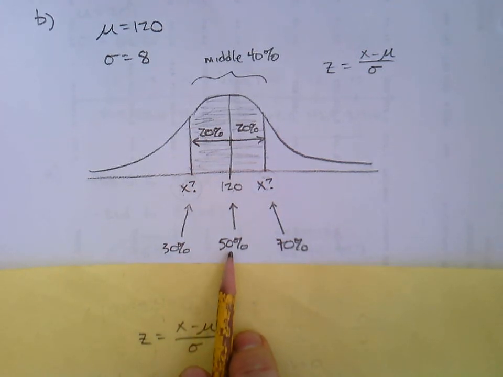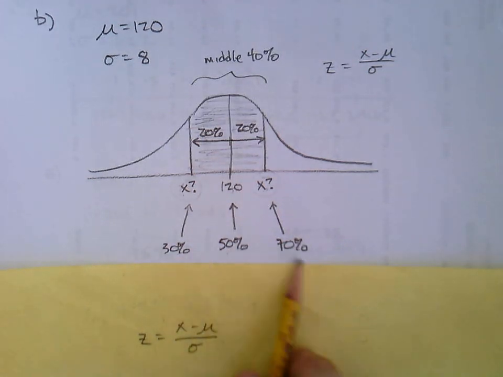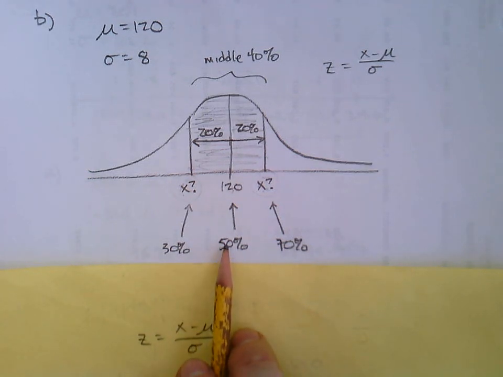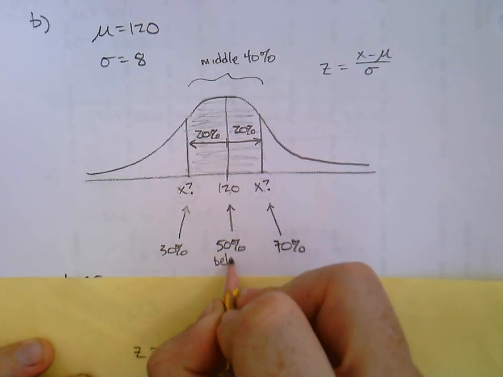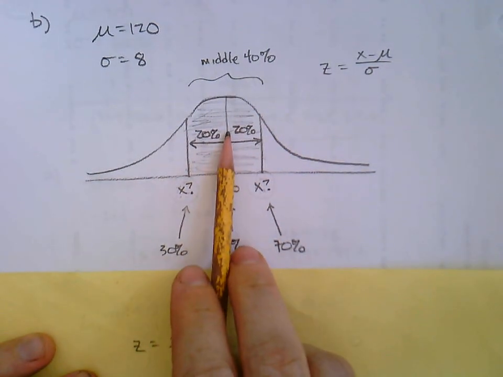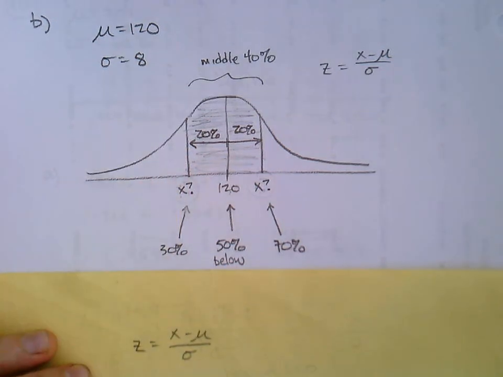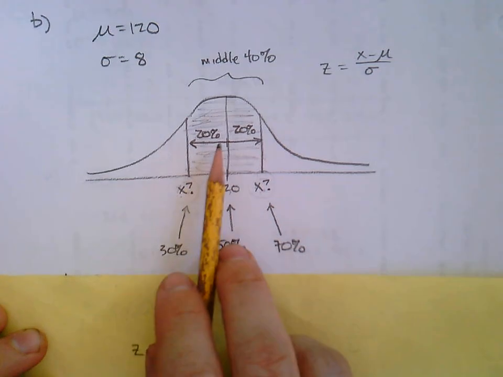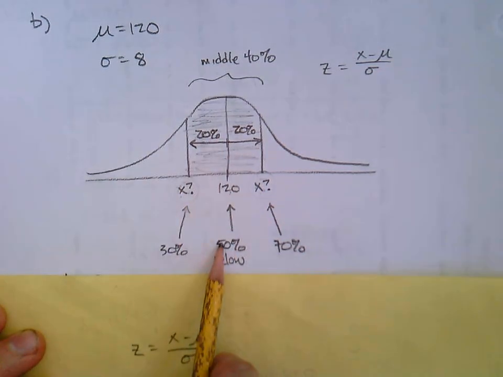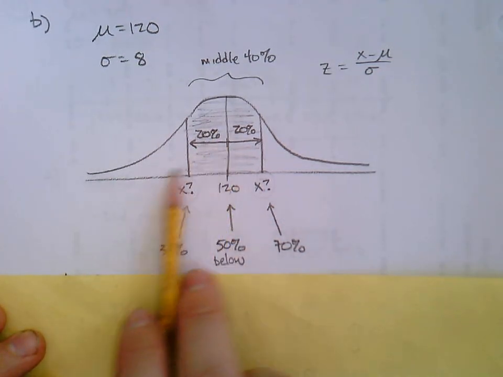Let's start with the middle. I think that's the best place to describe what's happening here. So at the mean, there is 50% below. Right? 50% of the data is to the left. There's also 50% above, but we always do probabilities less than. So 50% of the data is below 120.